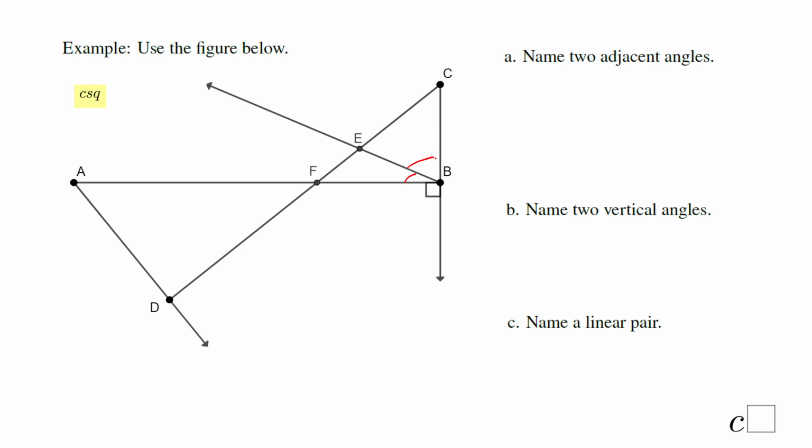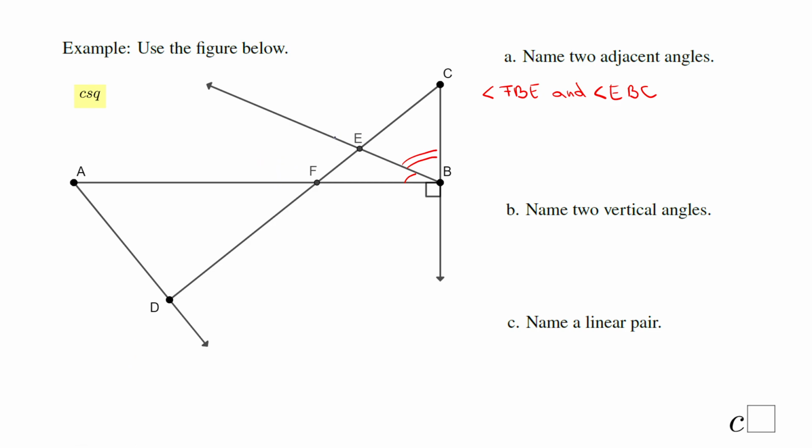They are adjacent angles, so I'm going to write here angle FBE and angle EBC. Those are adjacent angles. I'm going to give you one more, but you can probably find more adjacent angles.